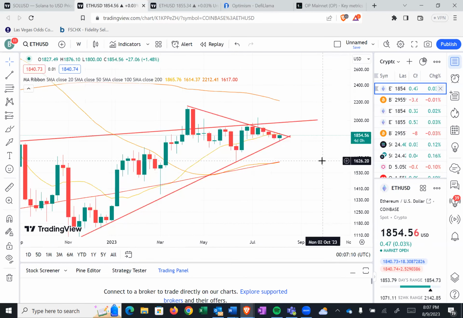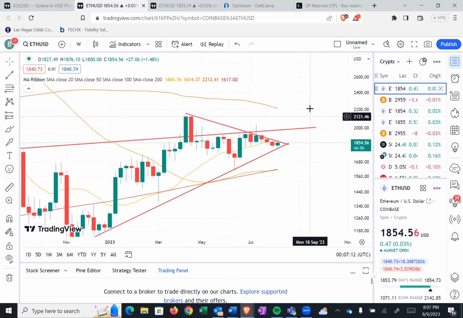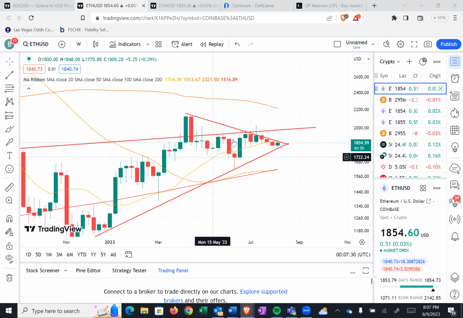Are there shorts who are stuck in their position out there who potentially could get shaken out to the upside? Now, a lot of people aren't really expecting necessarily a major move to the upside. Okay. A lot of people are sort of saying, oh, it's rolling over, and I'm sort of one of those people, right? So, I get it.